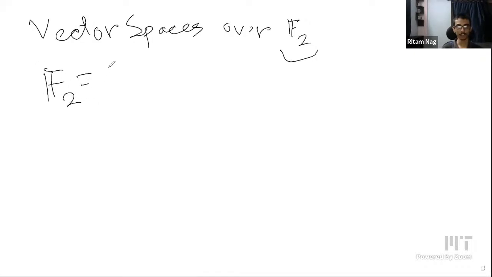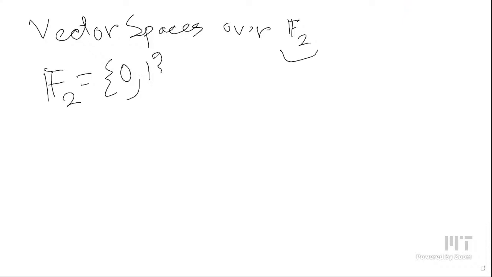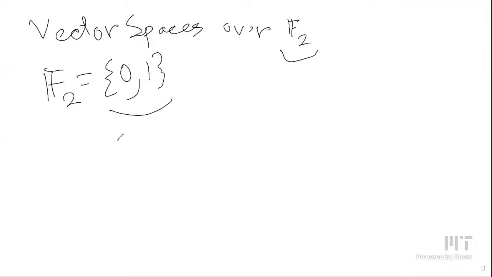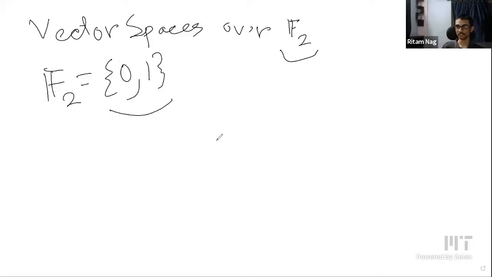As a set, you can think of F2 as just being 0 and 1. Now it's not just a set, it's actually a field, but we'll come to the field part later. For the moment, you can think of it as being just the elements 0 and 1. So the point is with 0 and 1, you can label a lot of things. F2 is just 0 and 1, along with some operations.